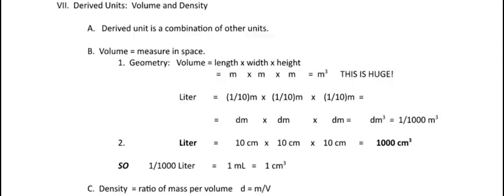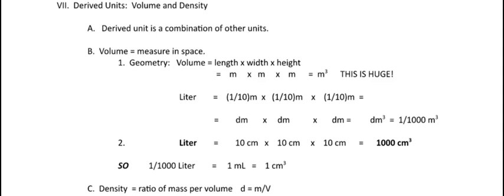Here we go. A derived unit is a combination of other units. So volume, if you remember your geometry class, is length times width times height. So if you take 3 units of length, you're going to cube them and you're going to get your volume.